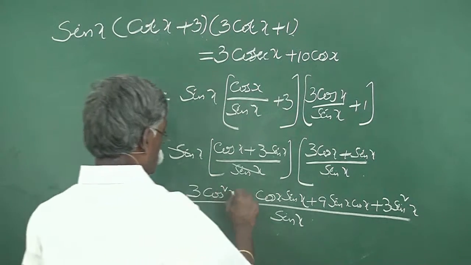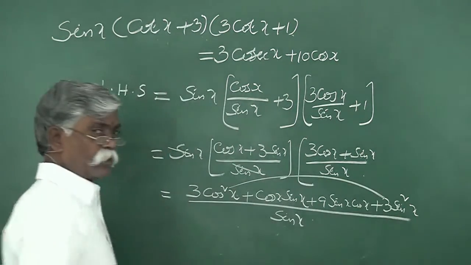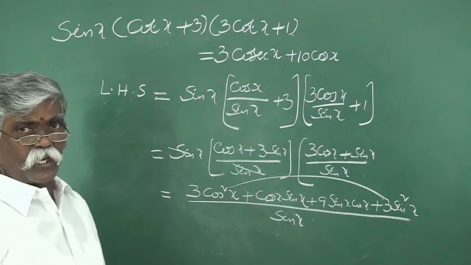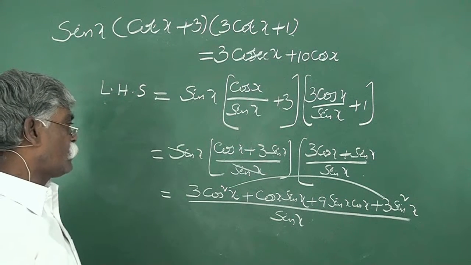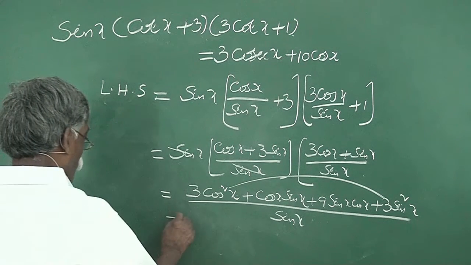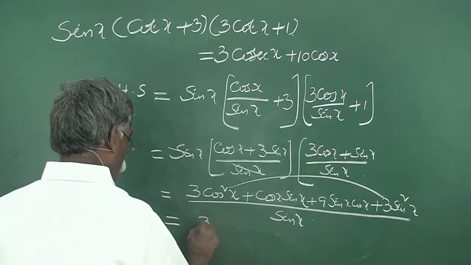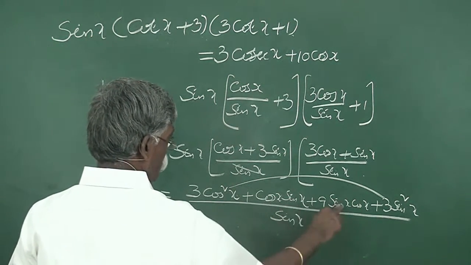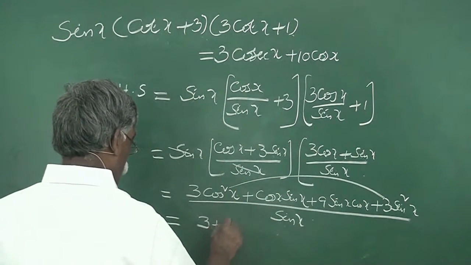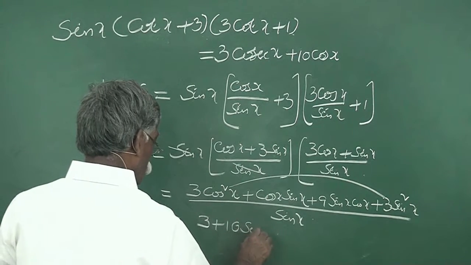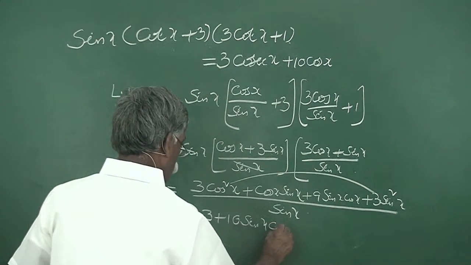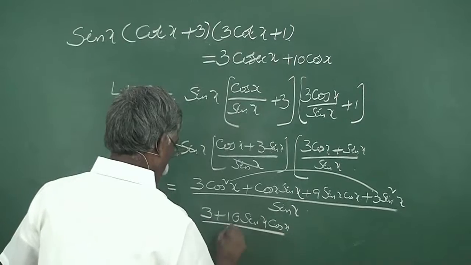Now this is 3 cos square x and this is 3 sin square x. If 3 is taken common, cos square x plus sin square x becomes 1, therefore it is 3. Cos x sin x and 9 sin x cos x is 10 sin x cos x by sin x.